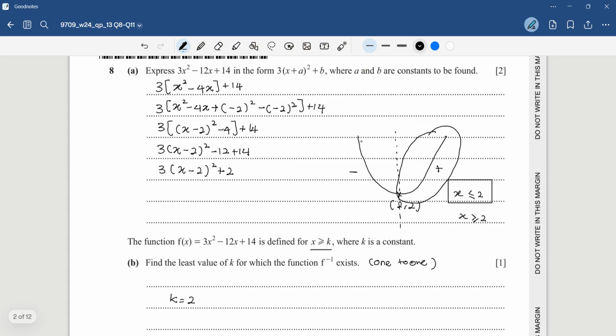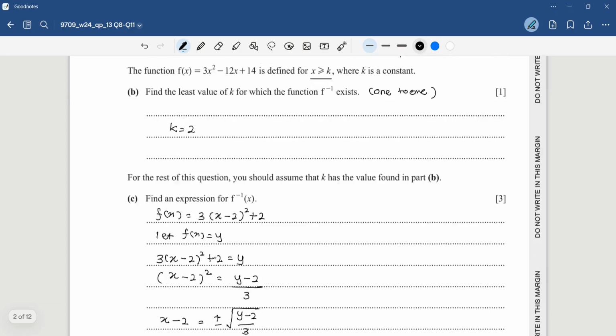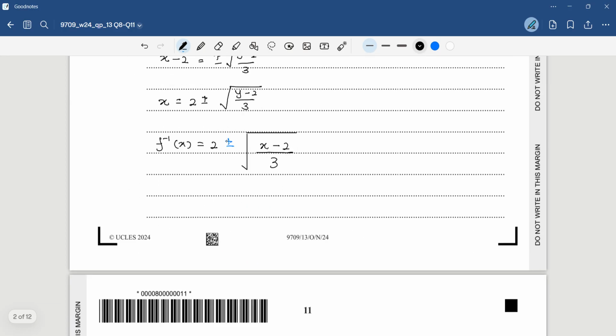This part no longer exists based on our domain. So our answer here is going to be only positive, no more negative. Remember, your final answer can only be either positive or negative, and it totally depends on the domain that you chose.